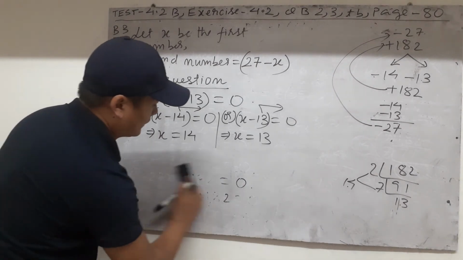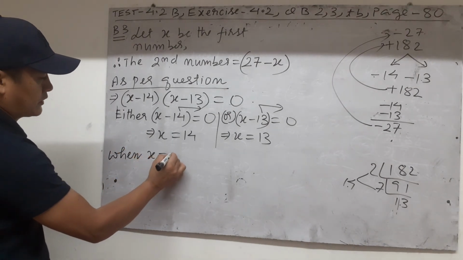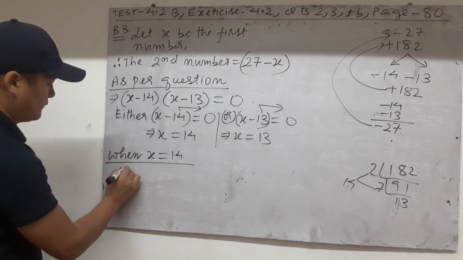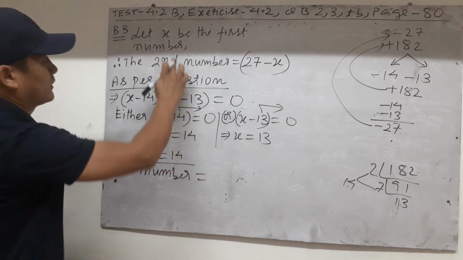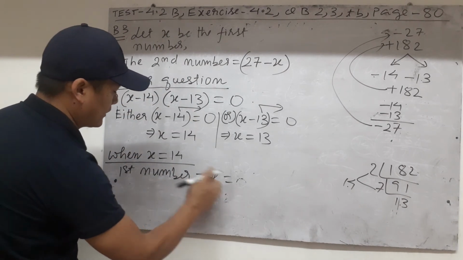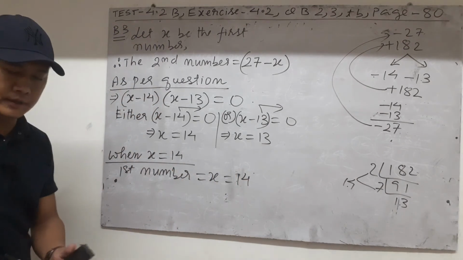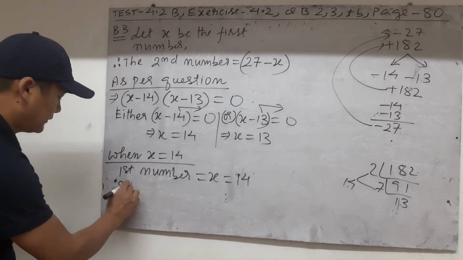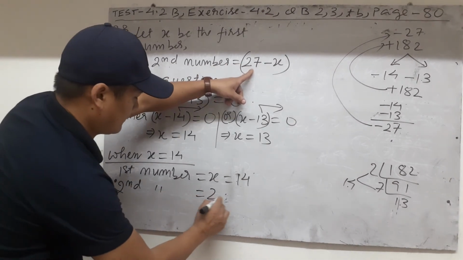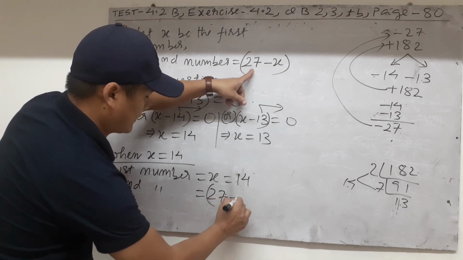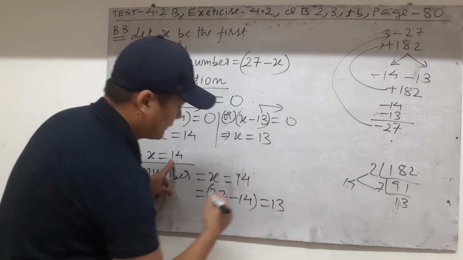So we have to write like this. I have to show it because there are two values of x now. When x equals 14, go back to the beginning: the first number is x, so the first number will be 14. And the second number will be equal to 27 minus x. So x is now 14, which is equal to 13.